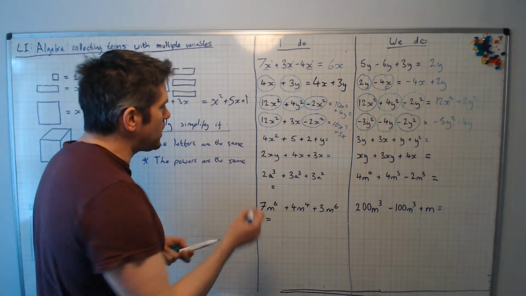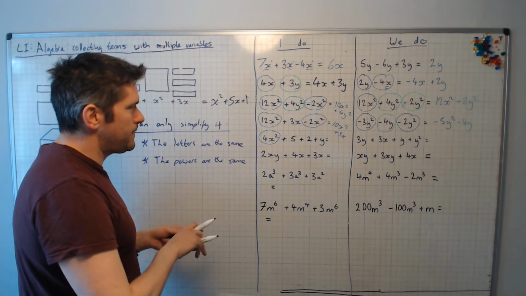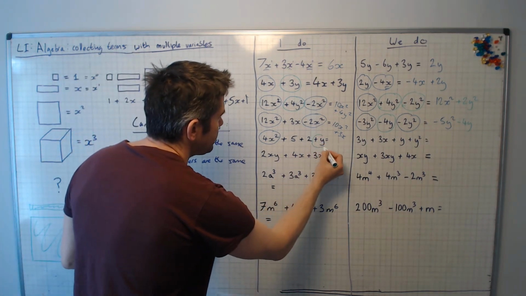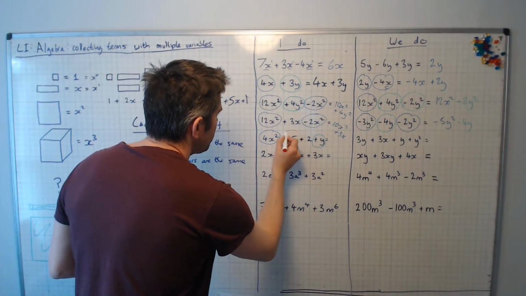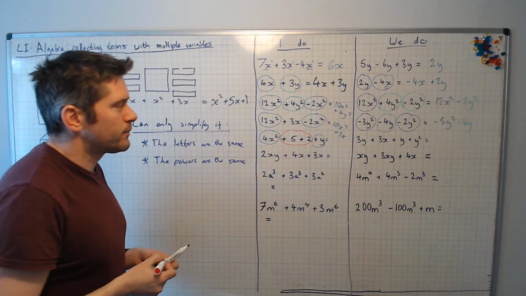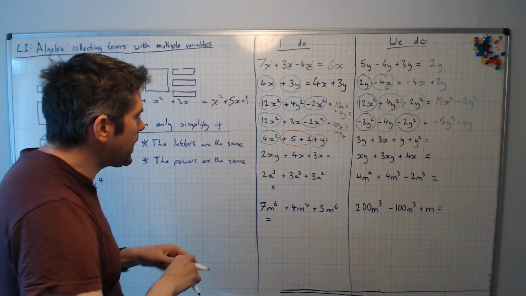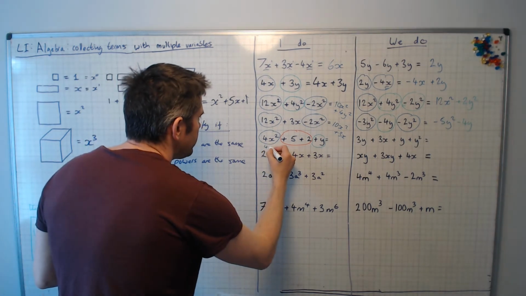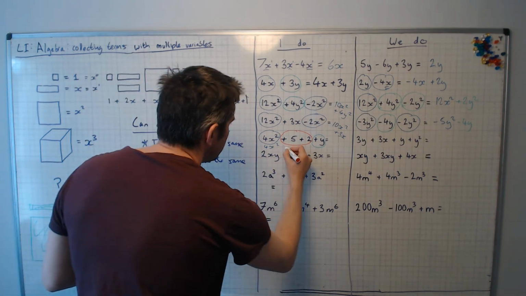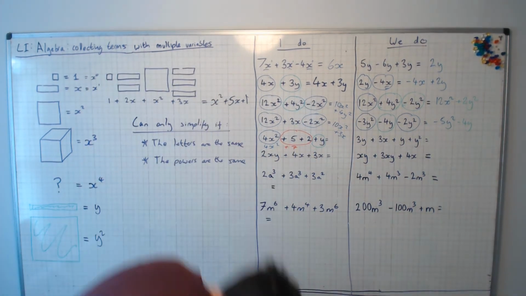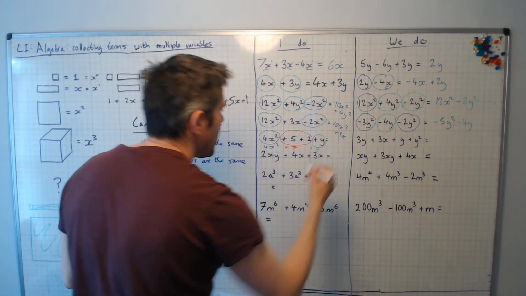We're going to need more than 2 colours this time, I guess. We've got 4x squared. Okay. We've got the y, that's a different kind of thing. Let me get another colour. We can put this 5 and the 2 together. They're the same kind of thing. So I've collected these terms. Now I can write them out. So we have 4x squared plus 7 plus y.